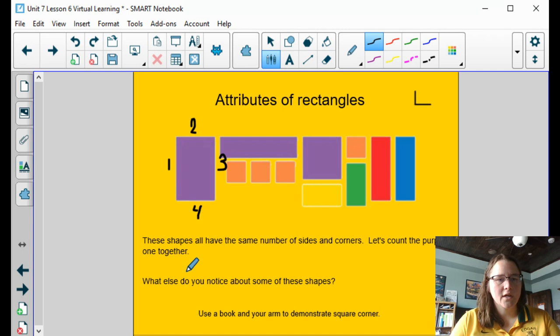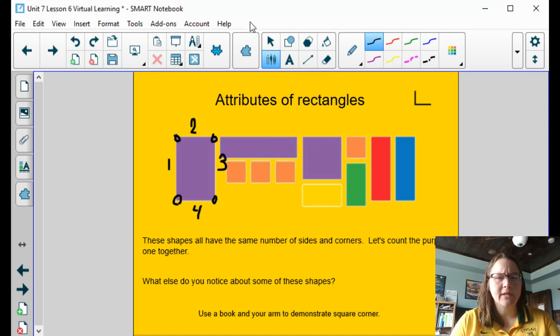Now let's count the corners. We've got one corner, two corners, three corners, and we have four corners. So boys and girls, we know that all rectangles and all squares have four corners.